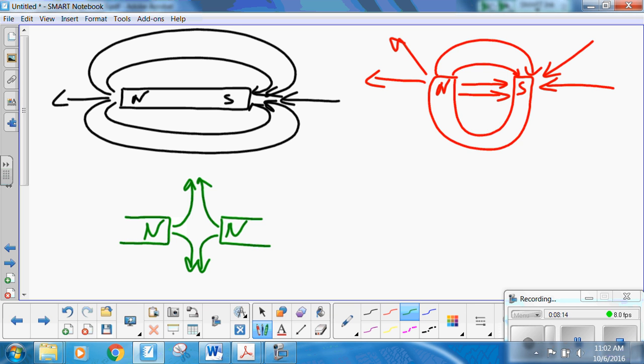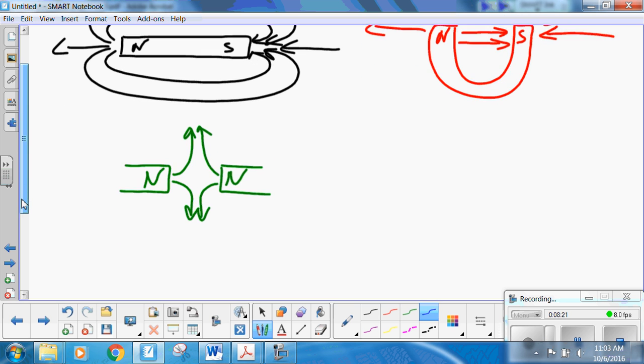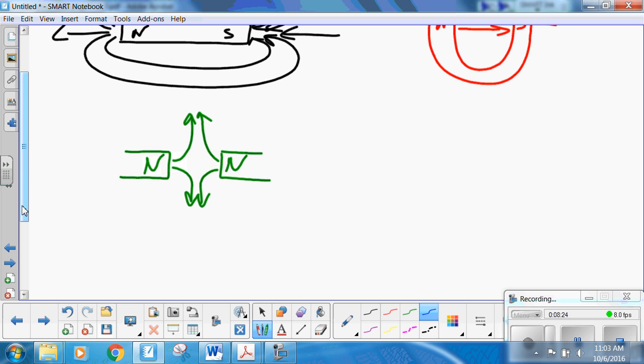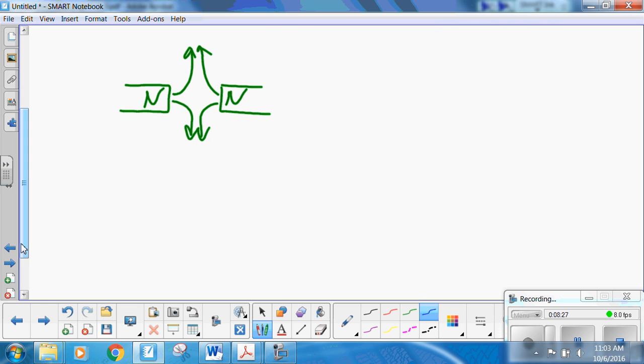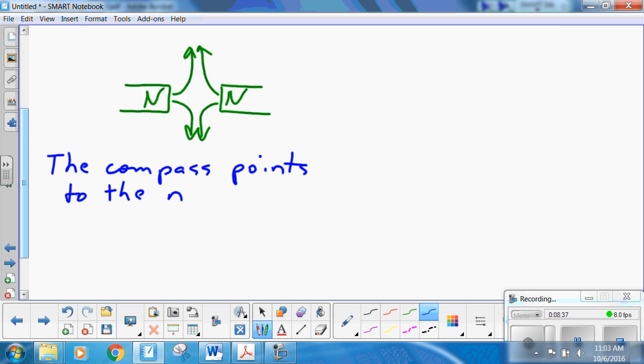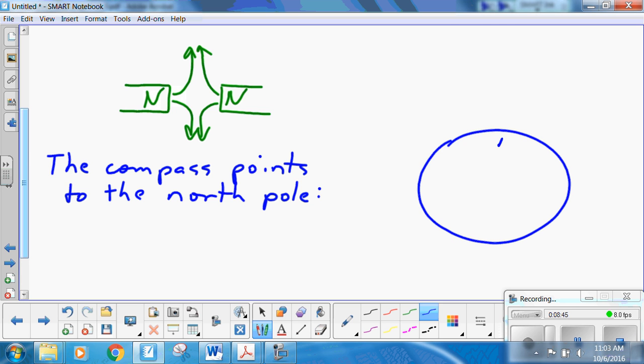Now, what does this remind you of? Magnets, compasses? Well, I'm assuming you've played with a compass before. You go out and you note the compass points to the North Pole. So if you're on Earth, here's the North Pole, the compass will point north, wherever you are.